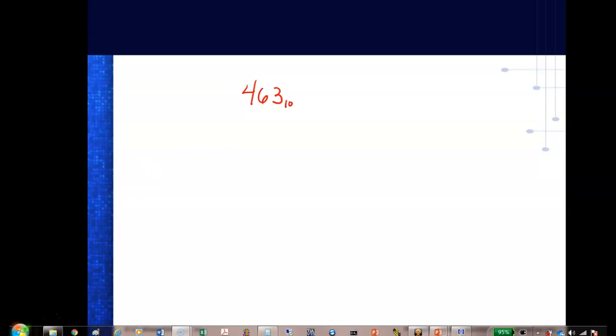Let's say I have 463. Okay, this is base 10. So y'all convert that to binary for me. Well, we're going binary. We'll go hex in a minute.